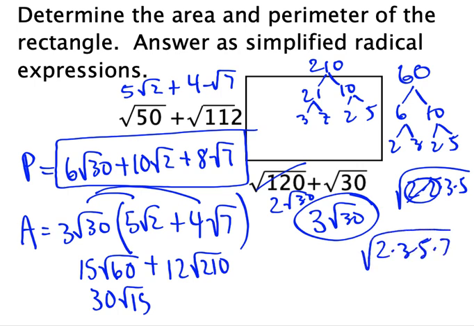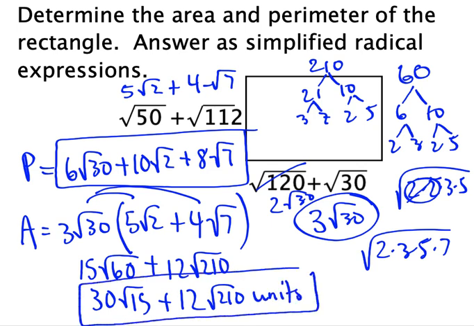There are no pairs of factors, so that one doesn't break down. So this is the area: 30 square roots of 15 plus 12 square roots of 210 square units.